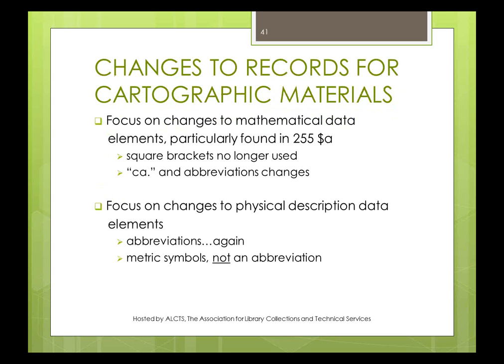In RDA, the two primary changes in the mathematical data area are not using square brackets for supplied data and no longer abbreviating the word approximately. And the changes involving the physical description area focus on abbreviations, again, and the fact that metric symbols are not abbreviations.